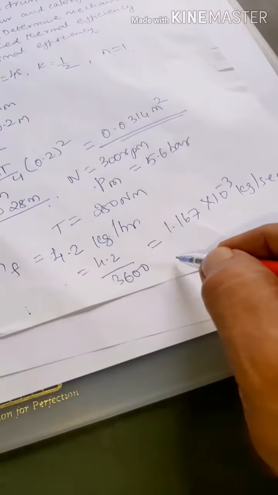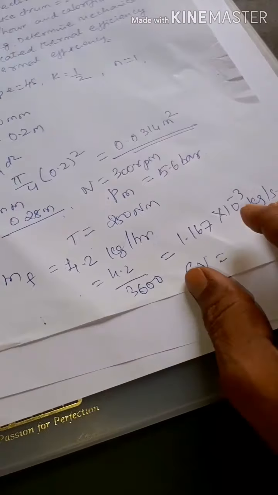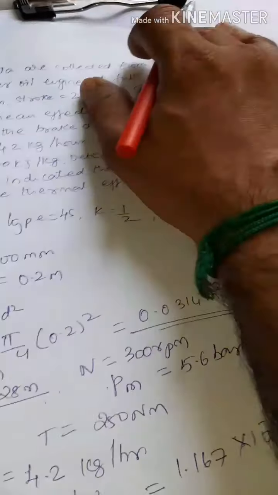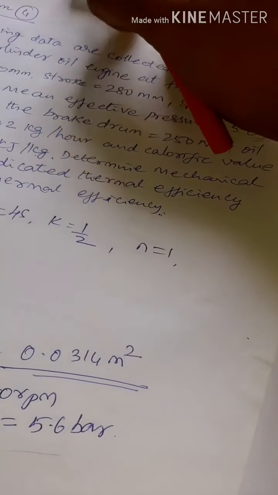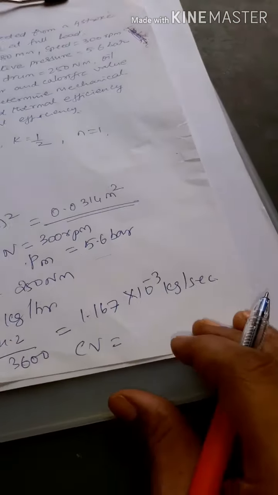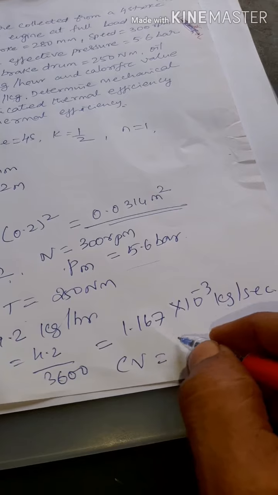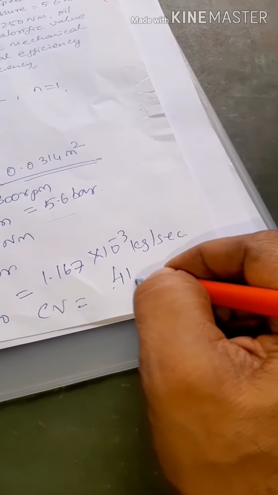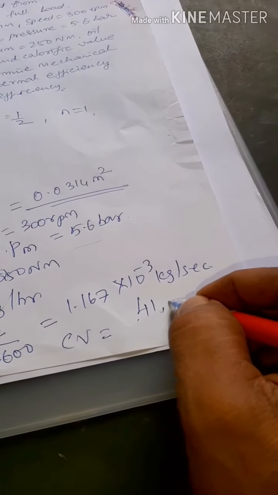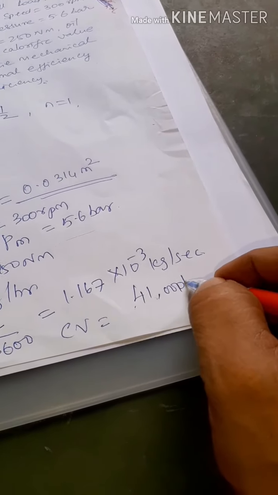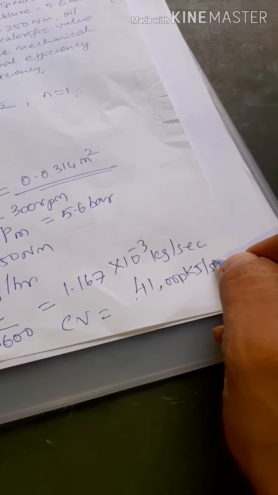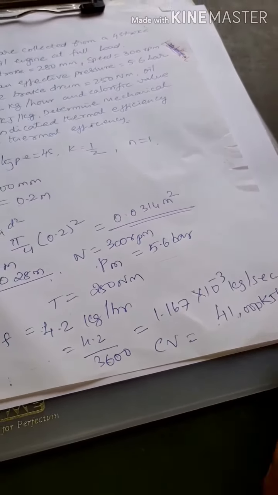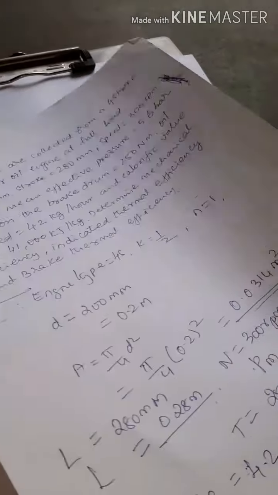Calorific value CV is 41,000 kilojoules per kg. So these are the given data.